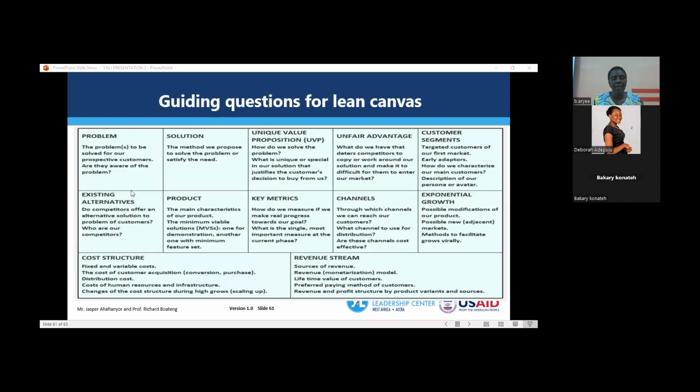Okay, guys, remember the big difference between the BMC and this LMC. Some people just call it the lean canvas, others call it the lean model. That's why I put the model in brackets. The big difference between this one and the BMC is that this one is meant for new ideas.